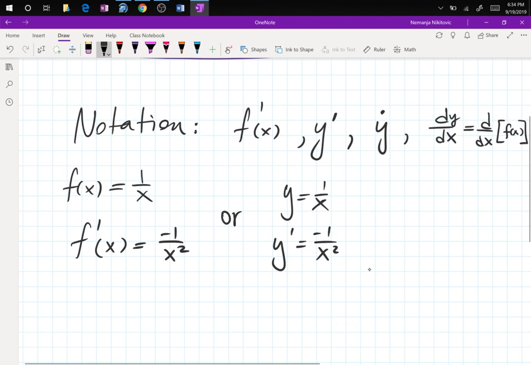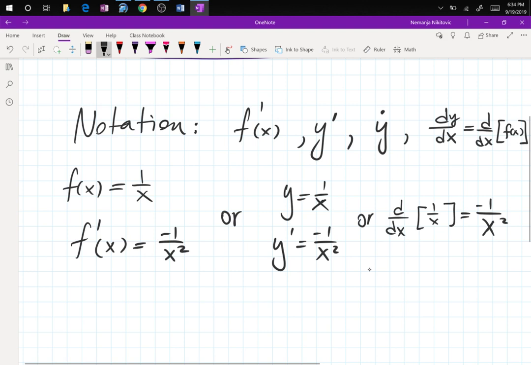And finally, the best notation is to say the derivative of 1 over x is negative 1 over x squared. Hopefully you see that this is the only one where you get to write in line.